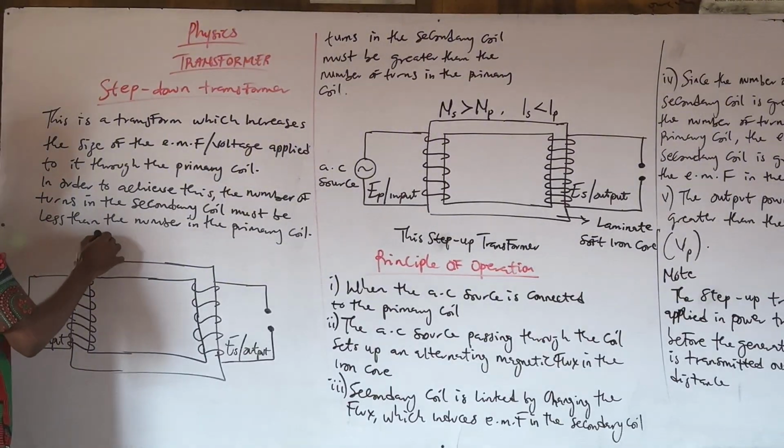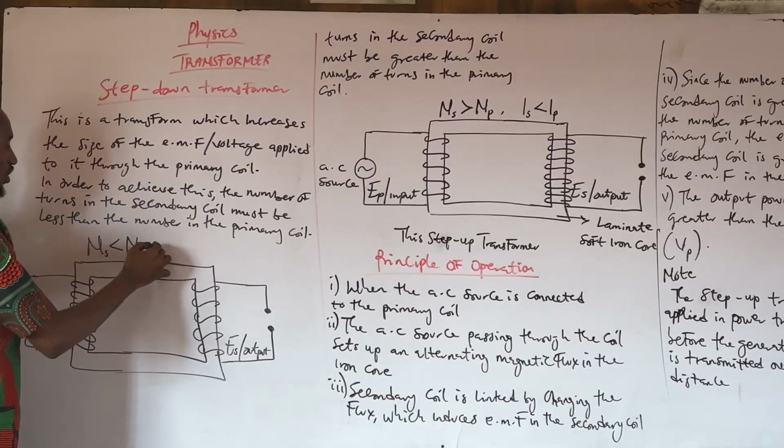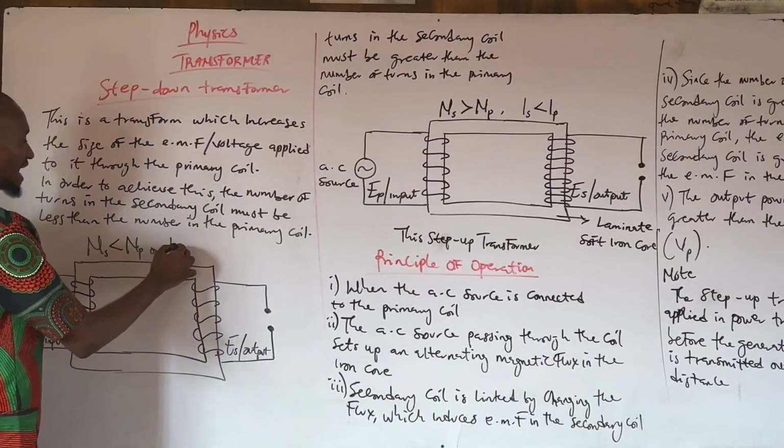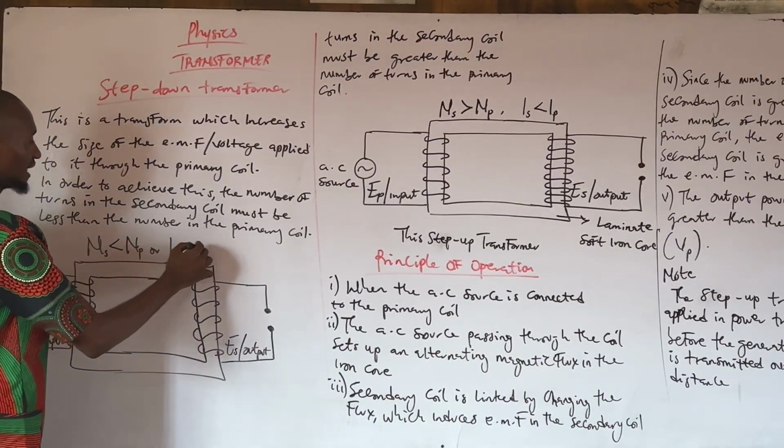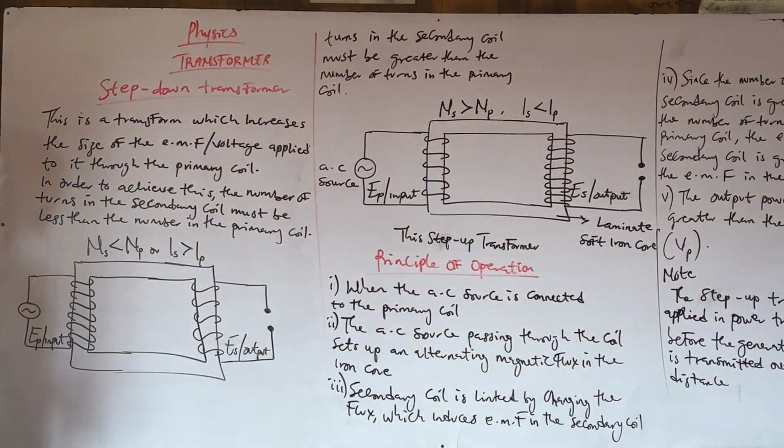Now, NS here will be less than NP, or IS here will be greater than IP. Did you understand now? Good.